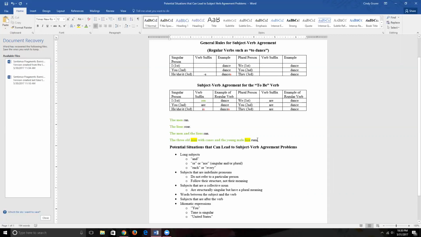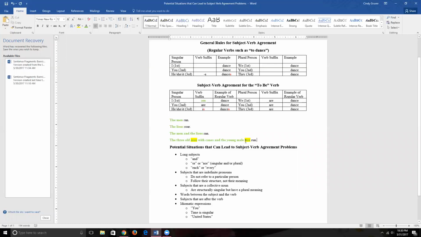Well, we have 4 things here. We have Bob, Larry, and Harry, and we have Simba, the lion. So we have 4 creatures, and they're all running. And so if we were to replace this whole expression, we would replace it with the word they. And we all know that we say they run. We don't say they runs. That doesn't sound right to us.